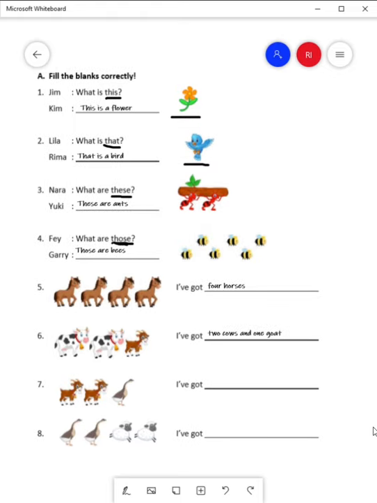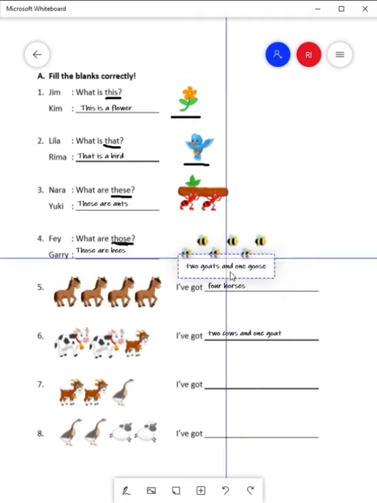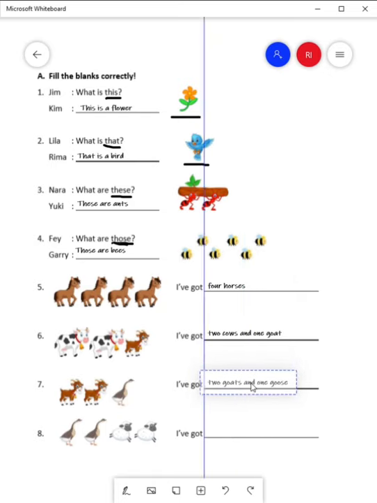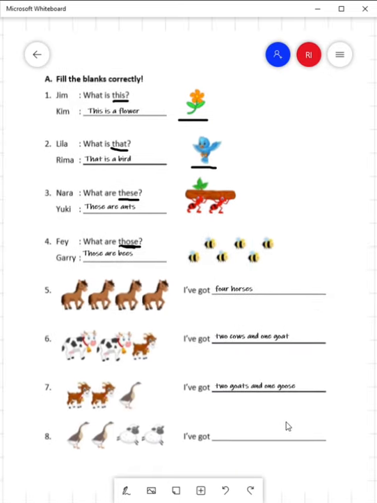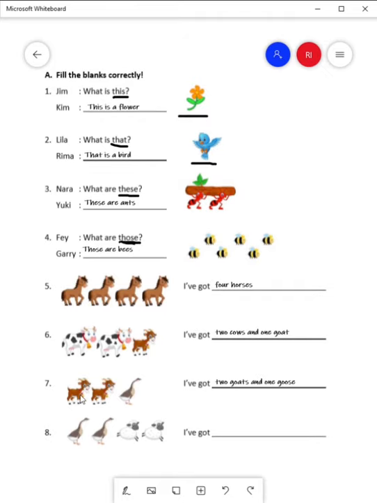Number 7. I've got 1, 2, 2 goats and 1 goose. 2 goats and 1 goose. Okay, for the last question. I've got 1, 2, 2 geese. Remember that goose is only for 1.